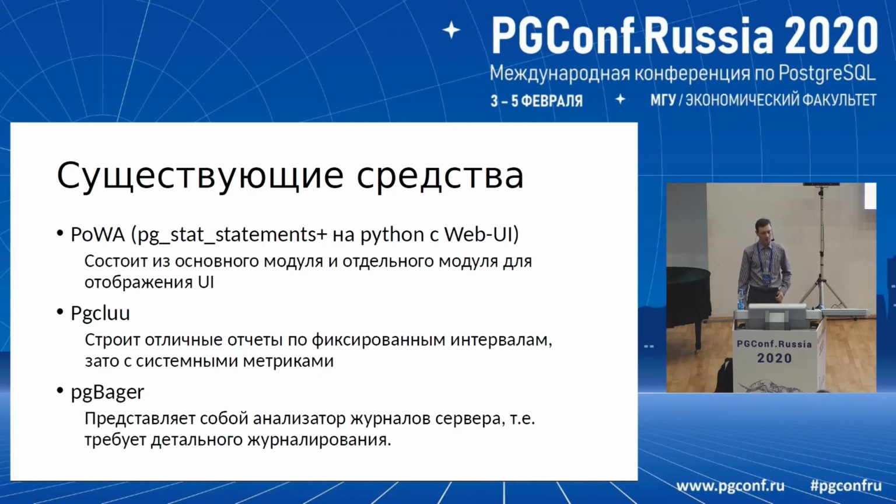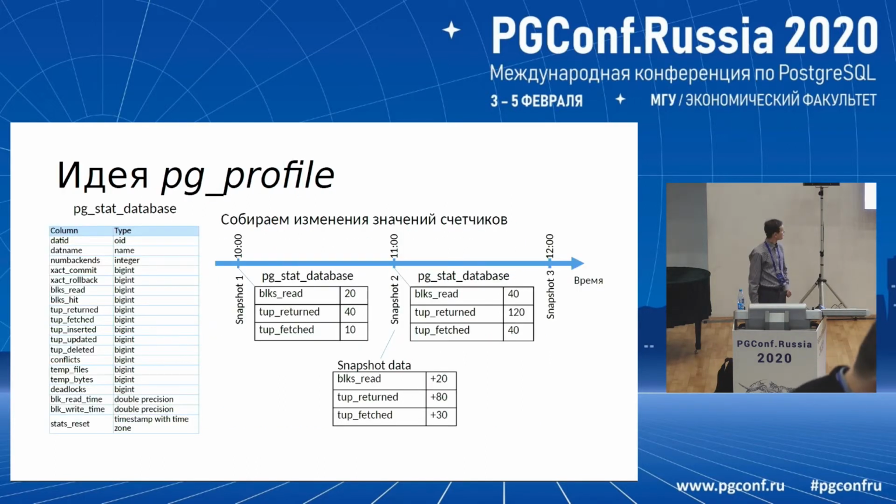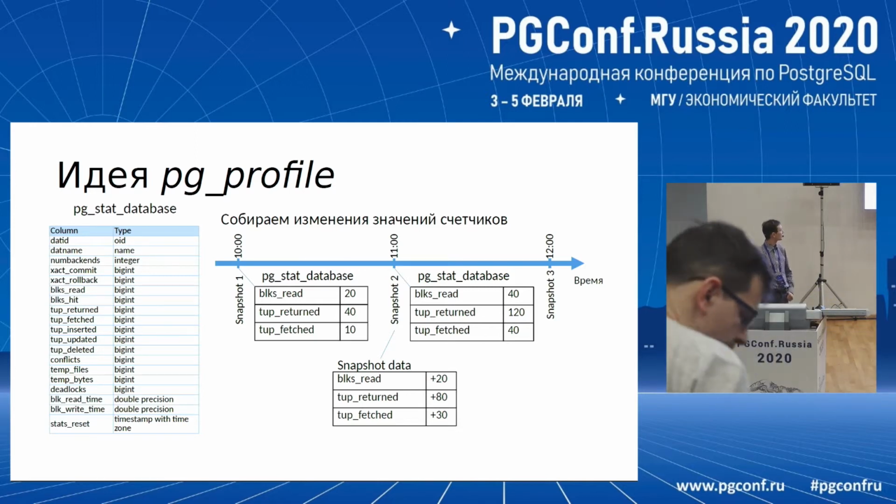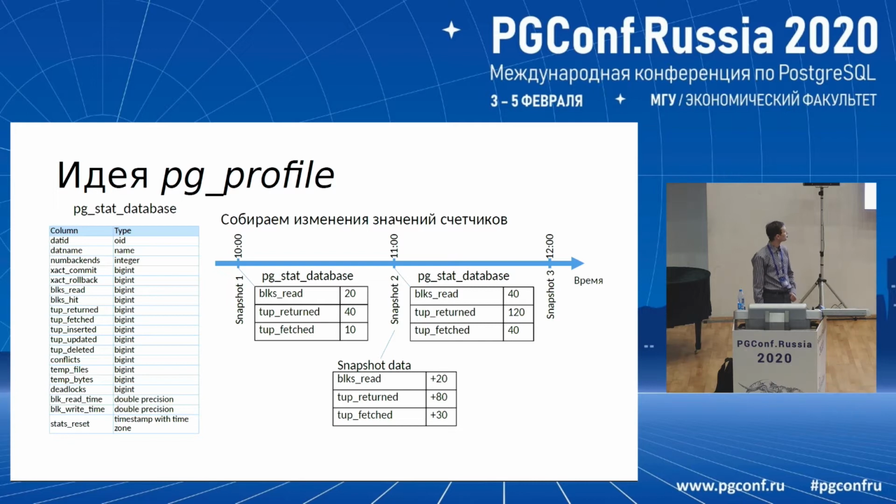And this tool also is not suitable for all cases, and pg_profile is mostly relevant to the class of tools of statements. The idea is that we have time during which we take the images or screenshots.